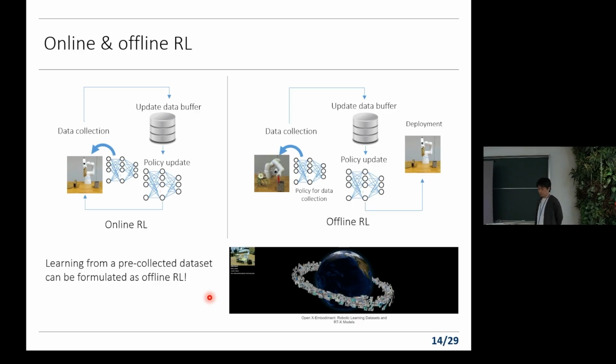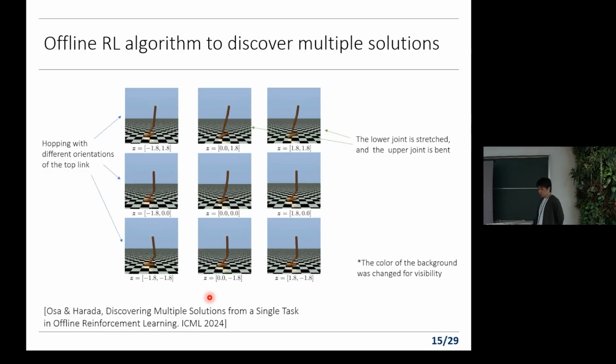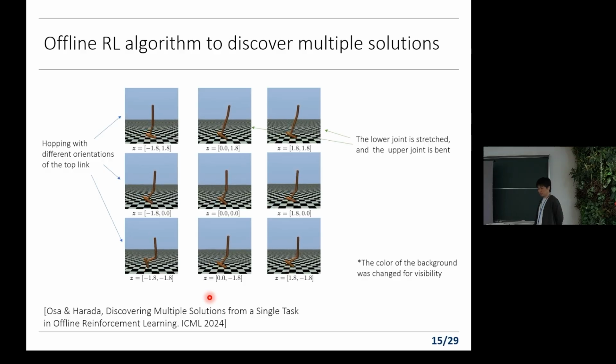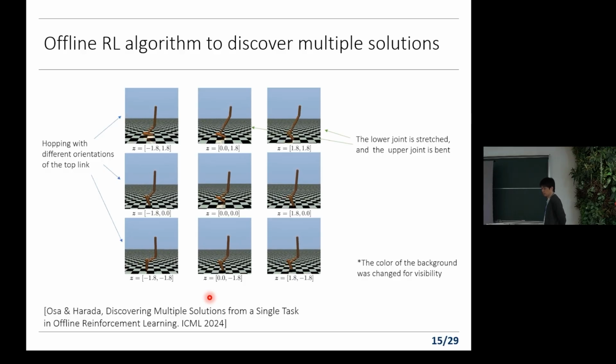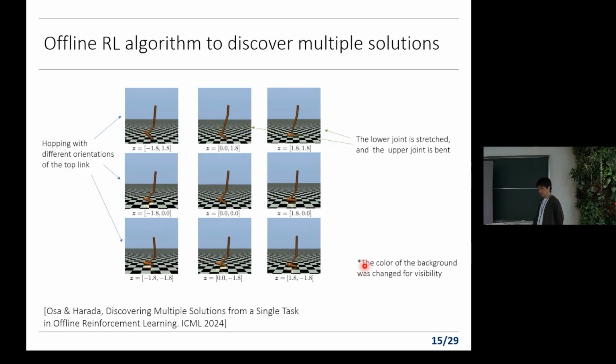With this in mind, many people are recently working on offline reinforcement learning, so we extend this approach to the offline reinforcement learning setting. Here, we could obtain the same result for offline reinforcement learning as well. You can see that we can change the behavior continuously by changing the latent variable.